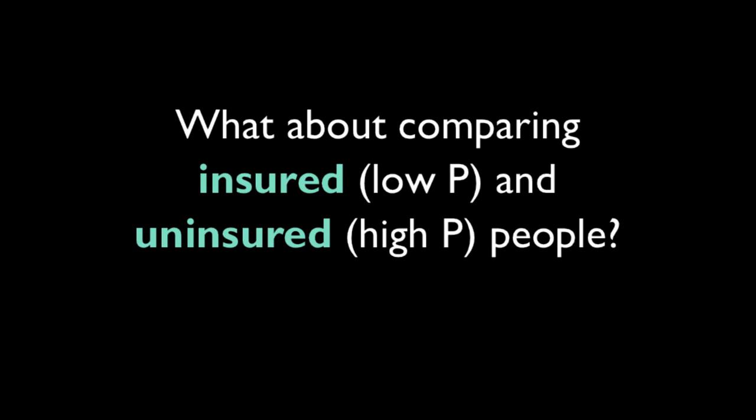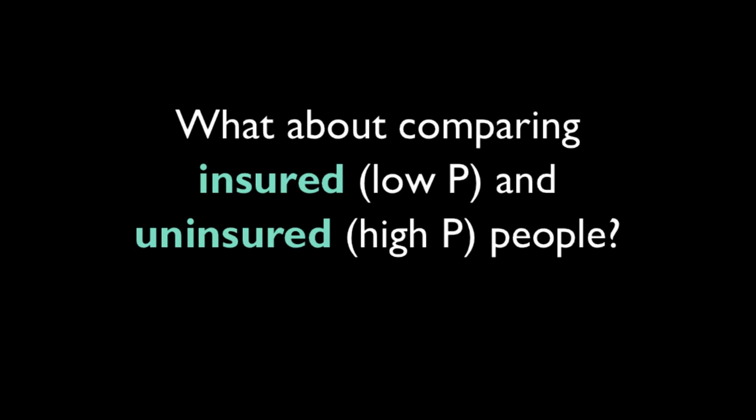So this creates problems when we're trying to compare insured and uninsured people to capture variation in price exposures, because the people who have insurance and a lower price generally have the insurance because they know they're kind of sick, and so they buy health insurance because they think they're going to need it. And the people who do not have health insurance and have the high price oftentimes don't have it because they're generally healthy and don't expect that they'll need it.